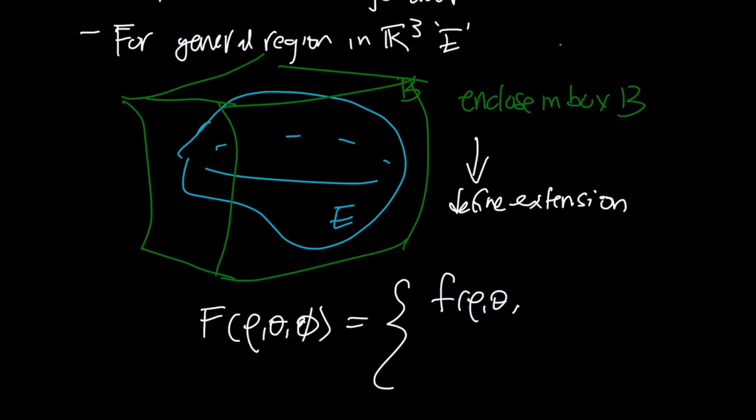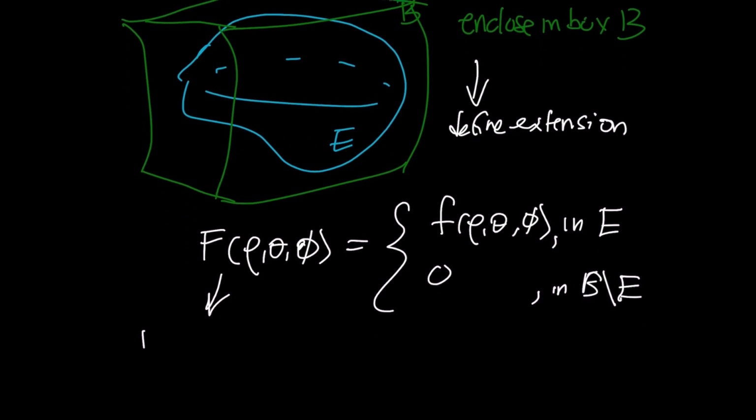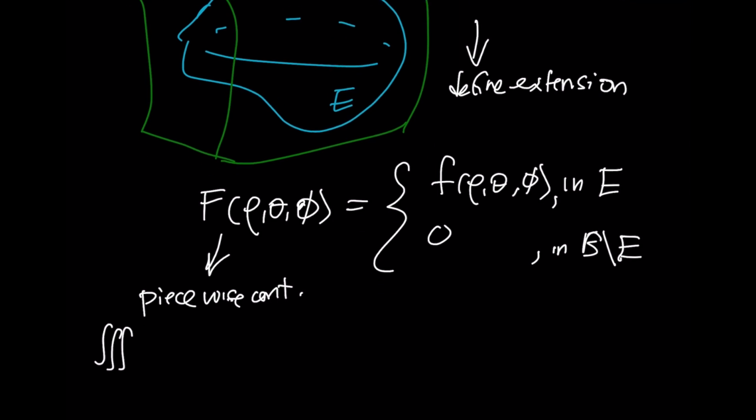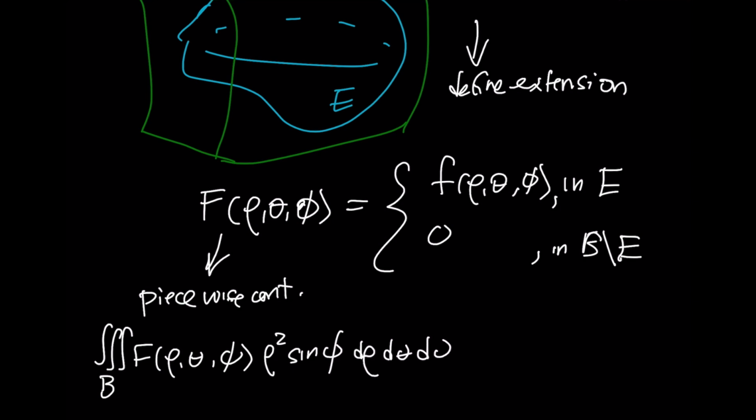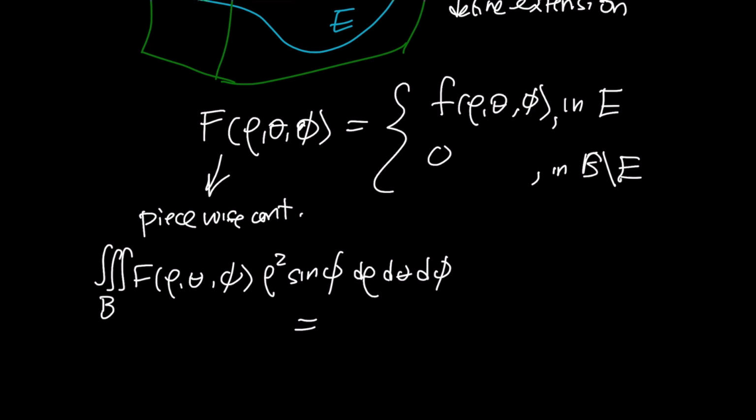It'll be equal to 0 if we are in the box but not in that general domain. This thing is piecewise continuous. That means that the integral will still exist when we consider the integral of this extension function over the full box. And as before, this will simply boil down to integrating our original function over the limits of that box.